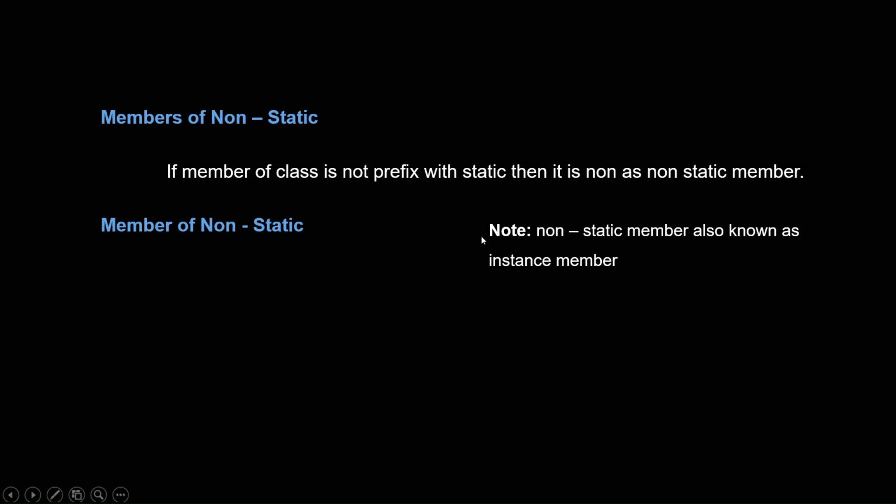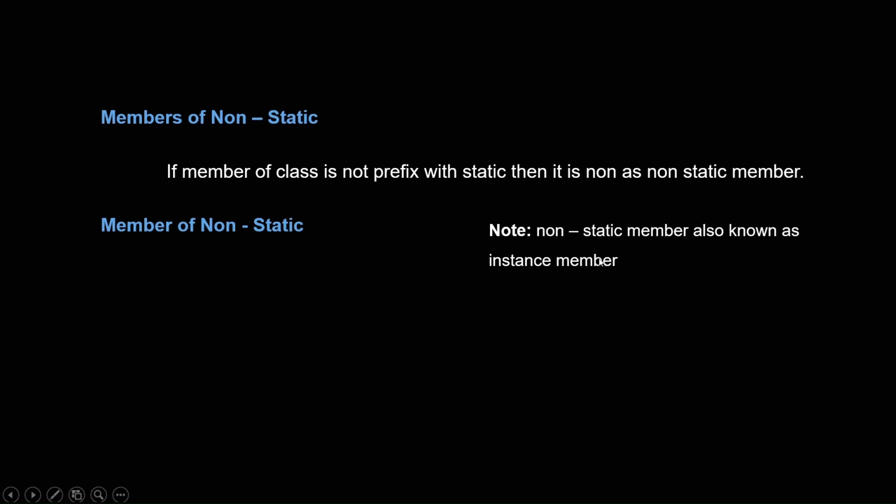So non-static members are also known as instance members. Be very careful about this. People have much confusion about what the instance members, instance method, instance variables are. It's not a big thing, just non-static members are also known as instance members.